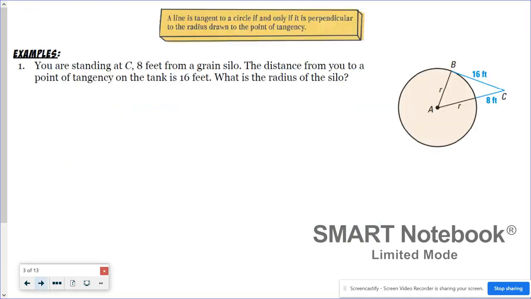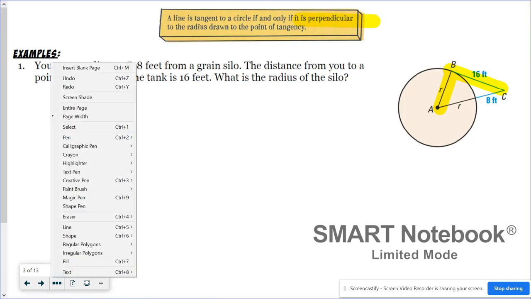So the first one, take a look at that diagram. Notice that BC is tangent to the circle, and the point of tangency is B. Where the tangent meets the radius, it's perpendicular, which means there's a right angle there.